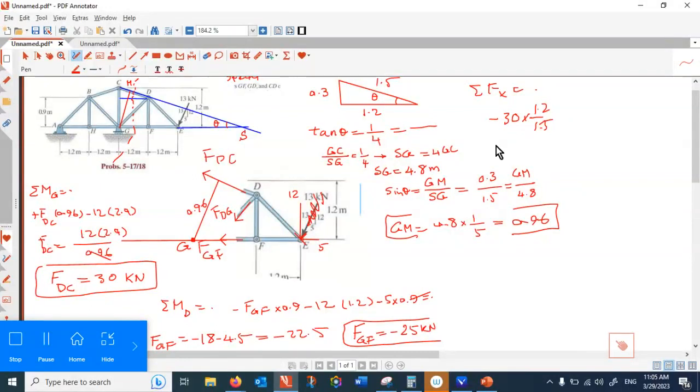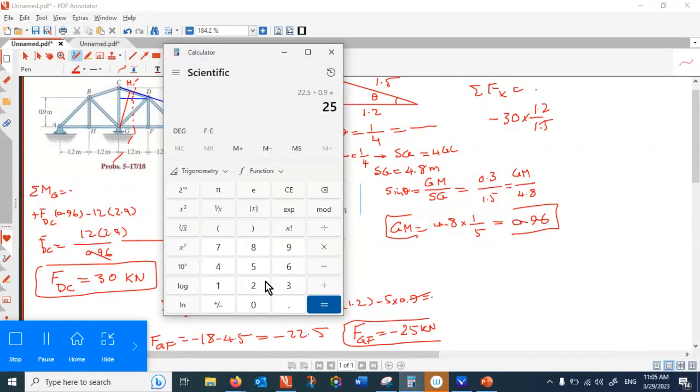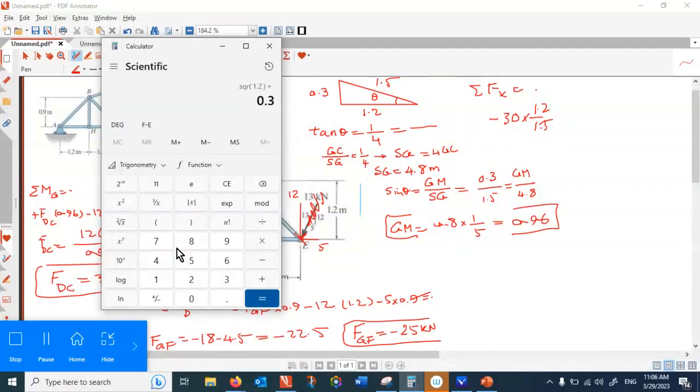Yes? That is 45. Is it? Which one? This one? 1.5? It's not 1.5. 1.2 squared plus 0.3 squared.